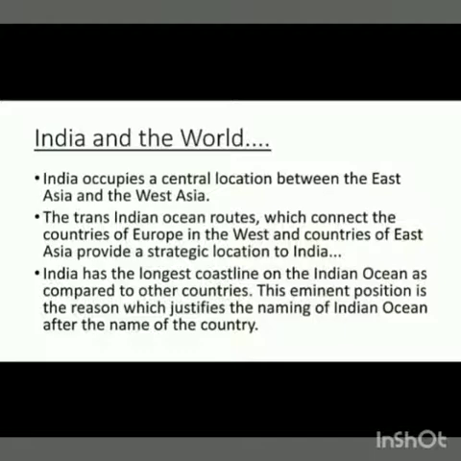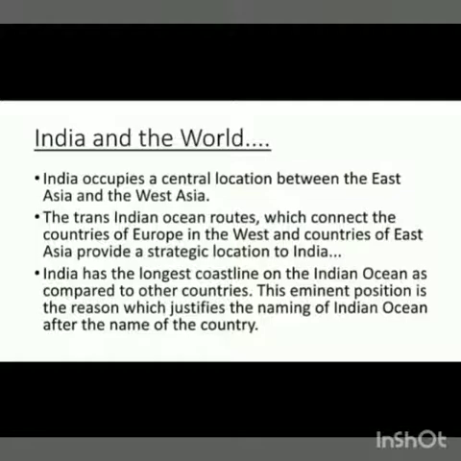As we all know, the peninsular part of India protrudes into the Indian Ocean. This helps India to establish close contact with West Asia, Africa and Europe from the western coast and with Southeast and East Asia from the eastern coast, because India is at a central location between East Asia and West Asia.